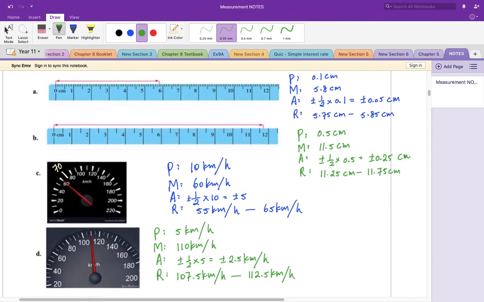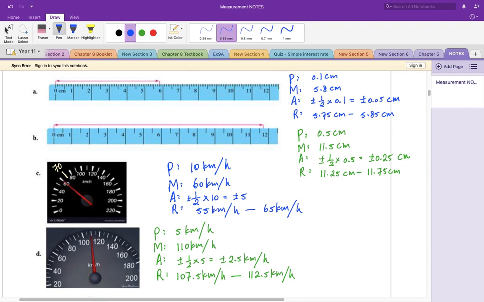For question B, it divides 1 centimeter into 2 parts, right? So 1 divided by 2, that's 0.5 centimeters. So the position is 0.5. And the actual measurement, this is where it gets a bit tricky because you see that this line clearly exceeds 11.5, but my measurement is actually 11.5. That's because there's no way for me to know exactly how much that is.